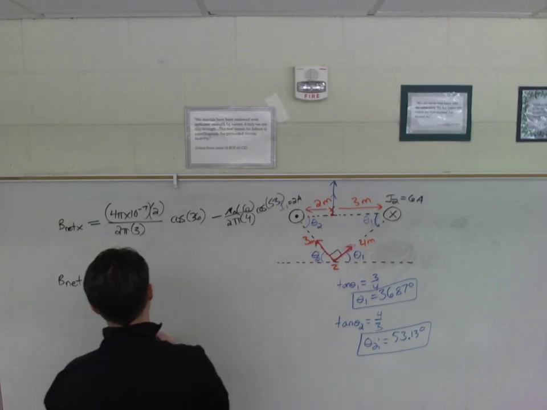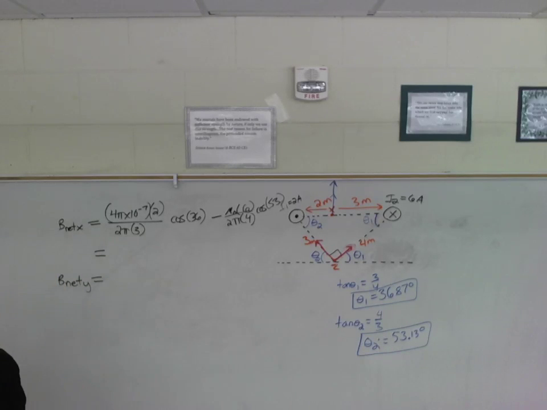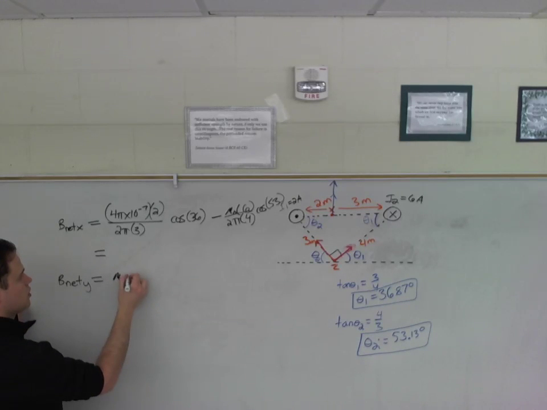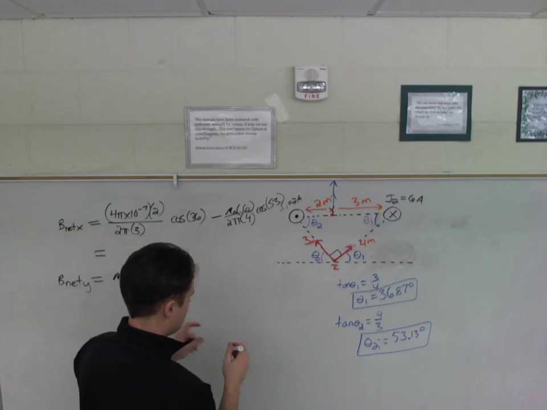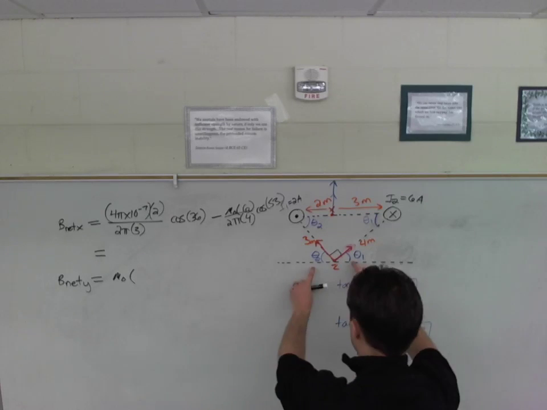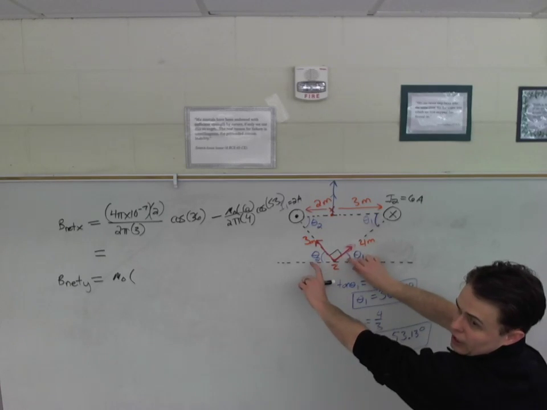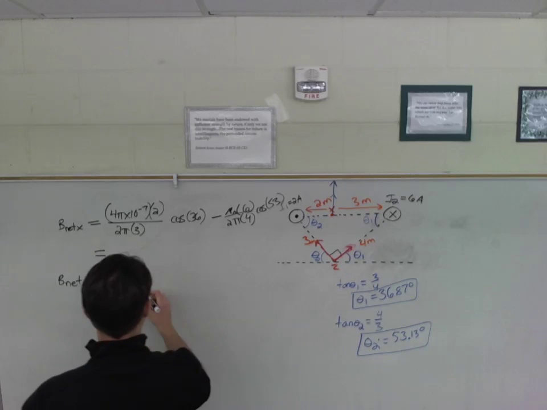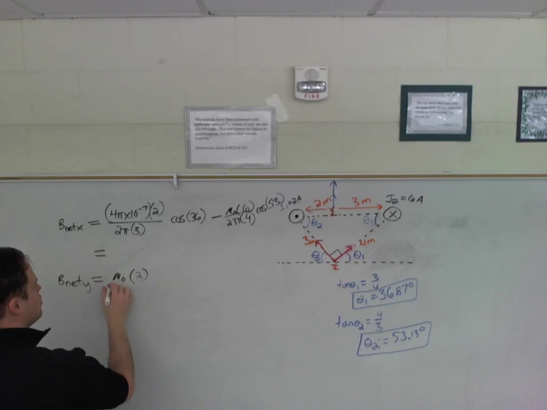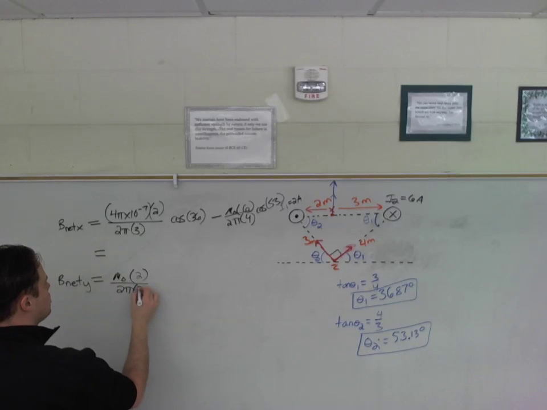53. We'll see what that is. Okay? All right, then this guy down here, we're going to go mu naught times y components. They're both going up, aren't they? So they're going to add to each other. So I'm going to have mu naught times 2 pi over 3.